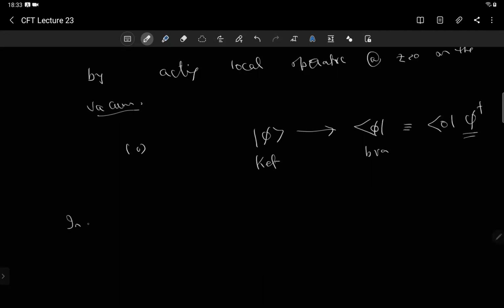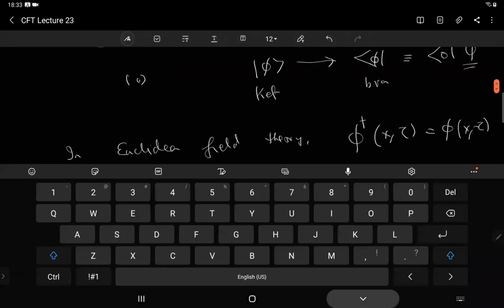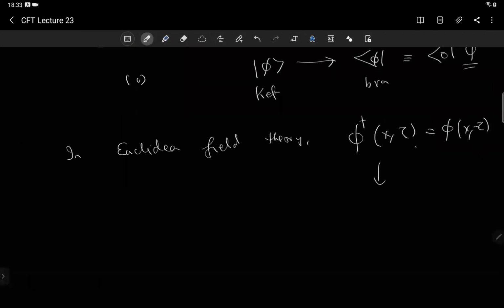So we said that in Euclidean field theory, what we mean by a dagger is usually this phi x minus tau, where tau is the time and x is the space, and this sort of identification in Lorentzian, in Minkowski space time, becomes usual Hermitian conjugation.